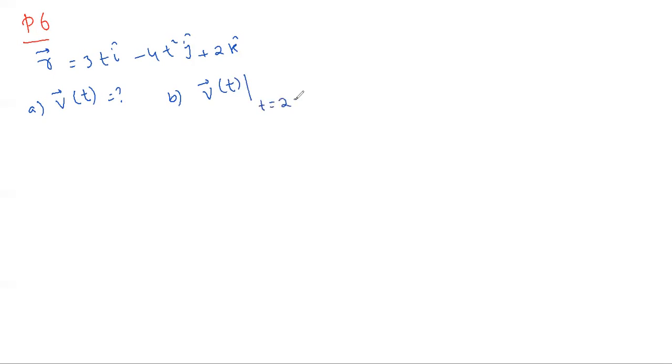In this problem you are given the position vector. Remember, I won't care about the number of significant digits, but you have to while doing these problems. So r is given as 3t i hat minus 4t square j hat plus 2 k hat, and you have to find the velocity vector, and the velocity at t equal to 2 seconds.